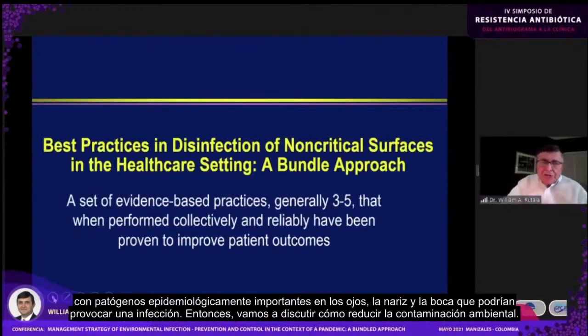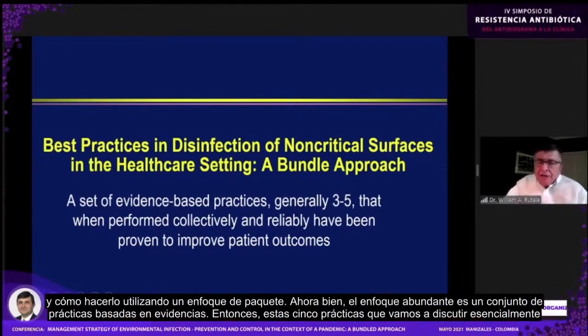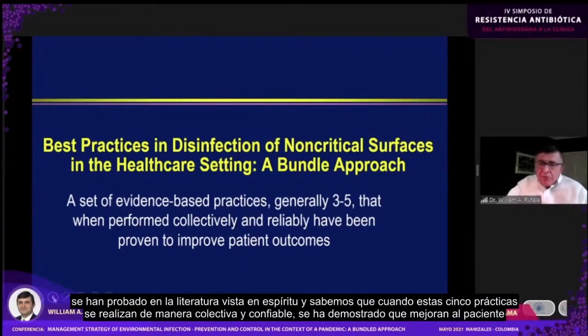So we're going to discuss how to reduce the environment contamination and how to do that using a bundle approach. Now, a bundle approach is a set of evidence-based practices. So these 5 practices that we're going to discuss essentially have been proven in the peer-reviewed literature.